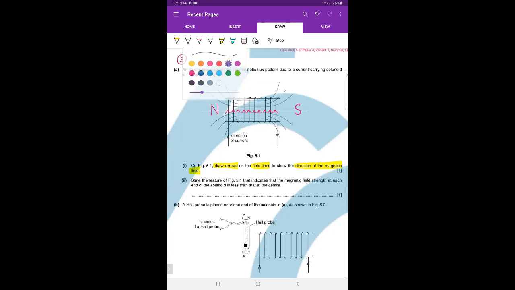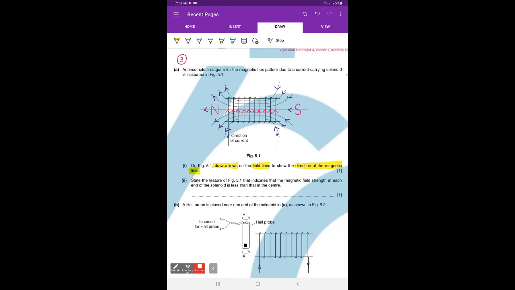Arrows बना देता हूँ, वो आप देख लेना. So the arrows marked with the purple colored marker are the ones that were asked. ठीक है, so field originating from the north and it's destined to go towards the south. So from north to south, I've done that working.